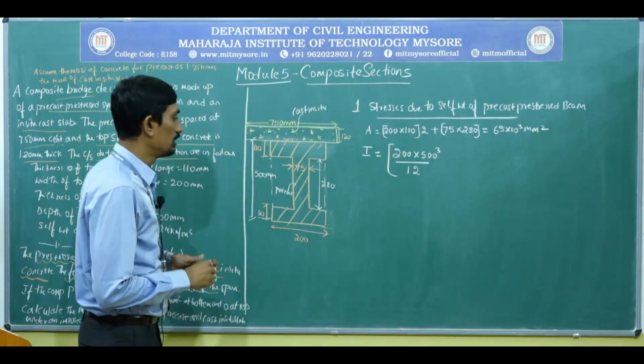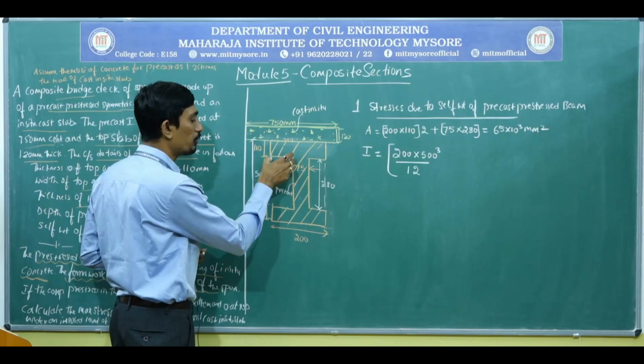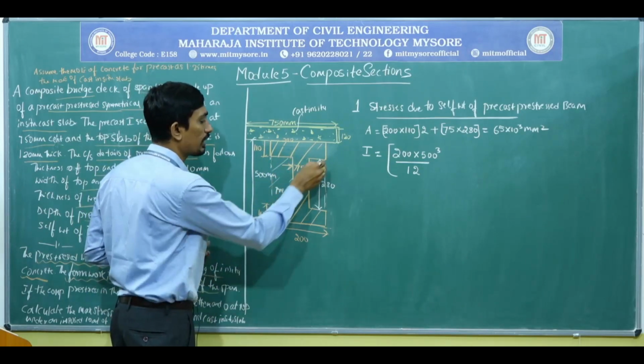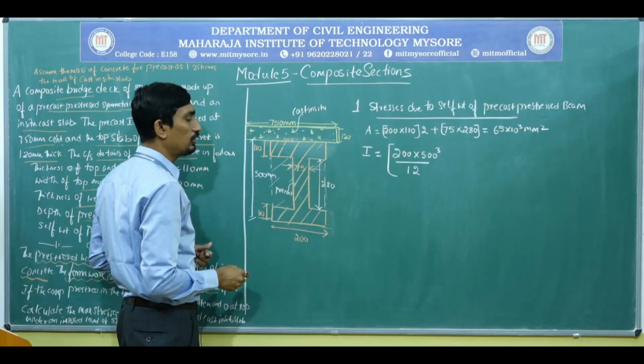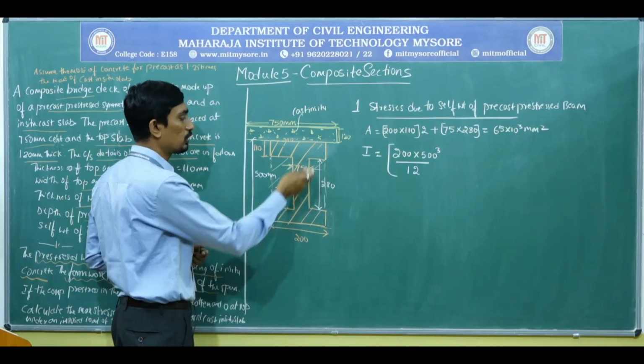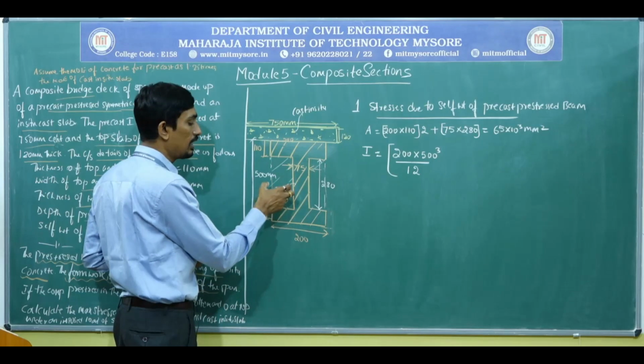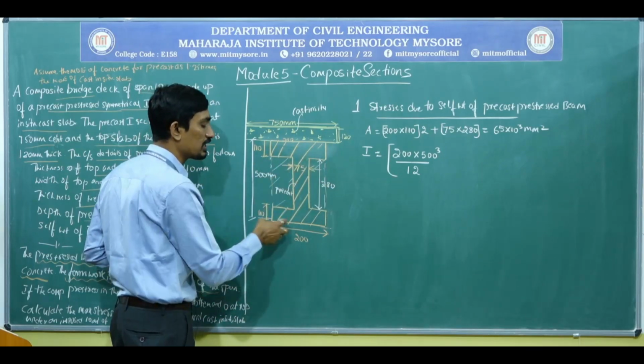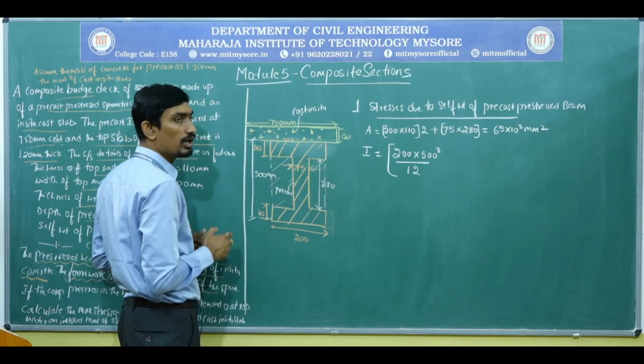From that I need to deduct these two rectangles. So from the total moment of inertia, deduct this moment of inertia and you will get the moment of inertia of the I section. That is the concept.